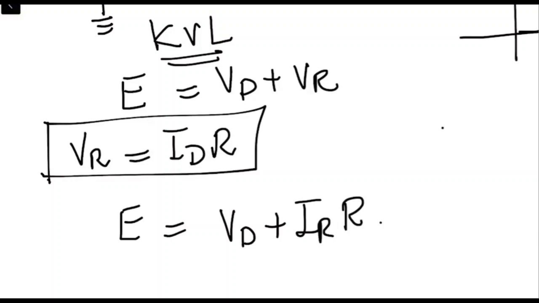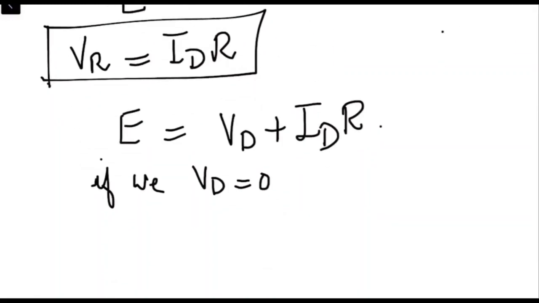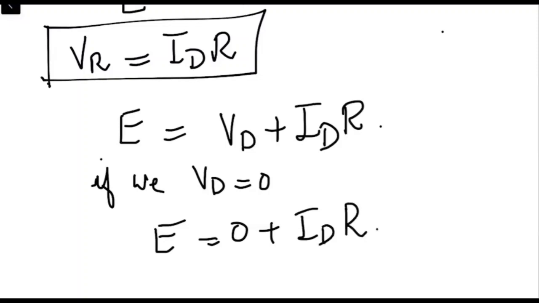If we say that VD is equal to 0, what is going to be the value of ID? VD divided by R, sir? No, if VD is equal to 0, we put the value in the equation and we get E is equal to 0 plus ID into R, right?